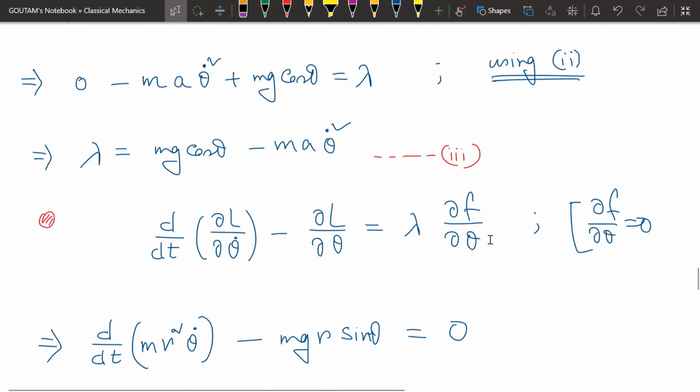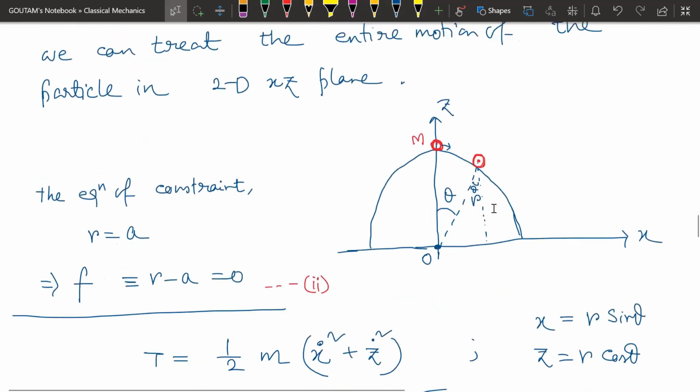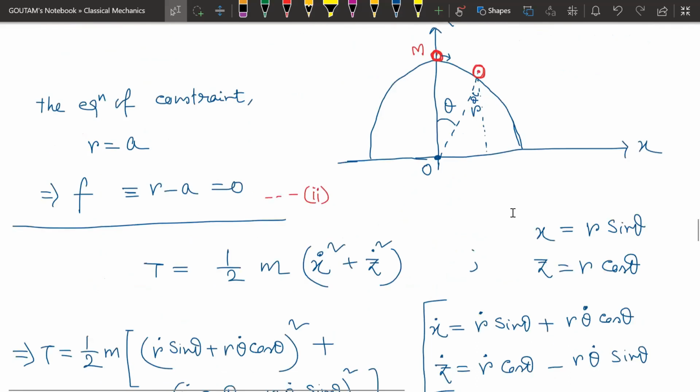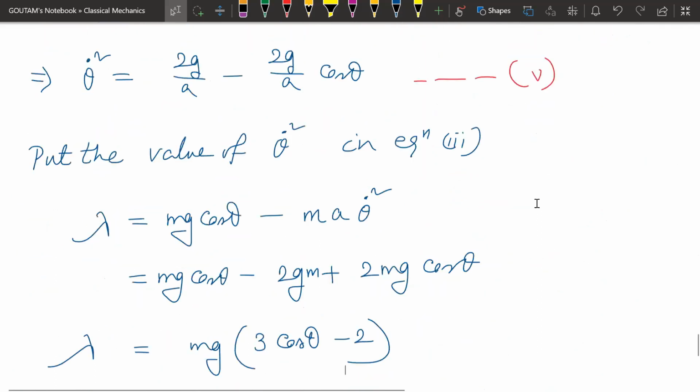So along the theta direction, there is no force of constraint, but there is a force of constraint along the radial direction, which keeps the particle on the surface of the hemisphere.